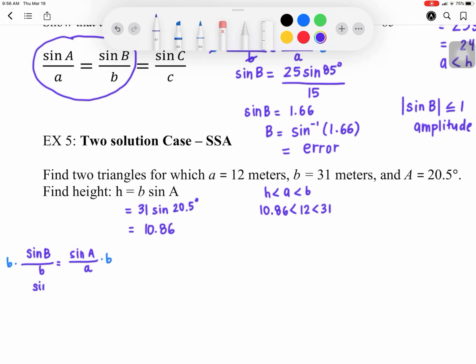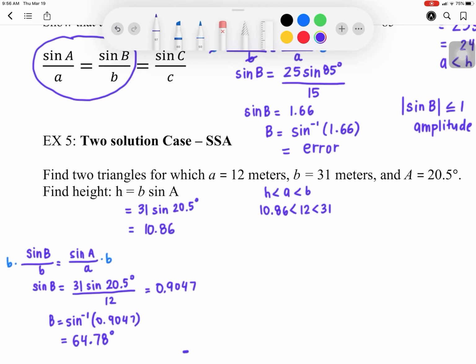So you should get sine of B is equal to 31 sine 20.5 degrees divided by 12, which is going to give you 0.9047. Now, how do you find the angle? You've got to do arc sine of 0.9047, which is 64.78 degrees.